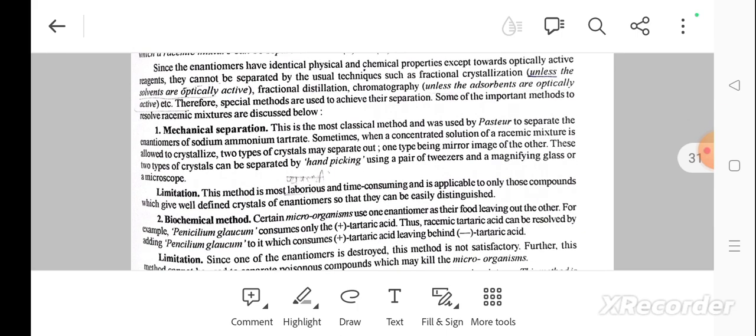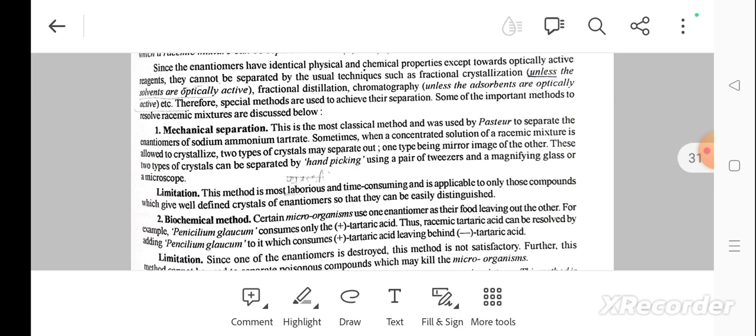Mechanical separation. This is the most classical method and was used by Pasteur to separate the enantiomers of sodium ammonium tartrate. Sometimes when a concentrated solution of a racemic mixture is allowed to crystallize, two types of crystals may separate out, one type being the mirror image of the other.